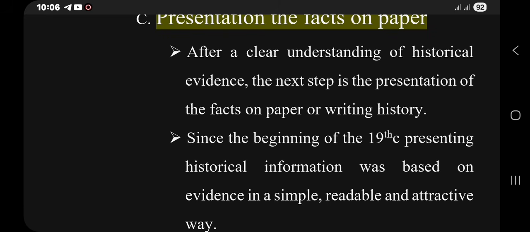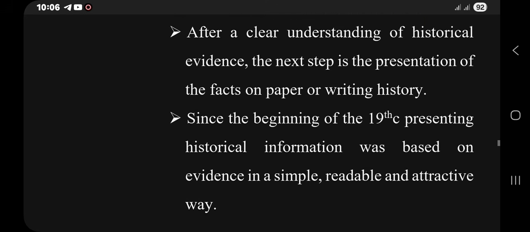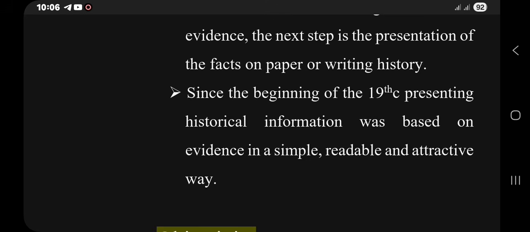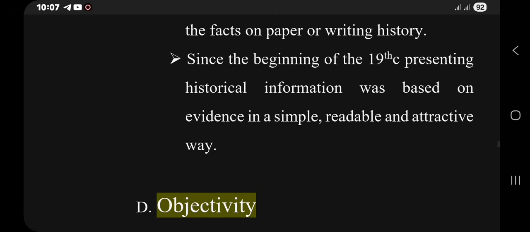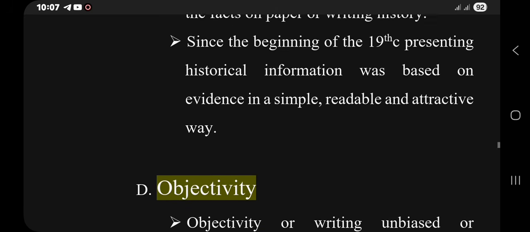However, before the 19th century, historical writing seemed like fiction without supporting evidences. Beginning from the 19th century, this tradition was completely changed, using evidences, and the writing must be simple, readable, and attractive.